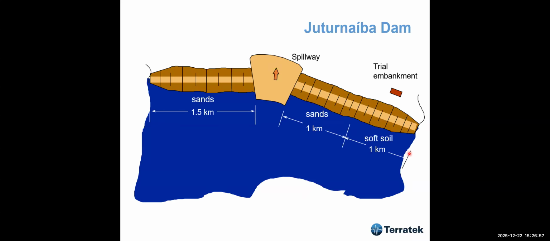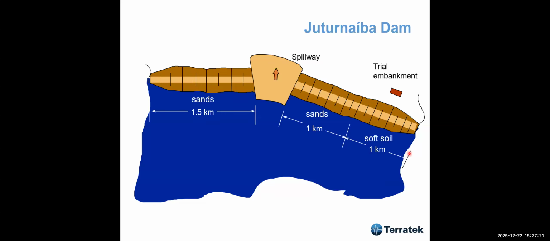And then by 1980, a friend of mine, a late professor from the University of São Paulo, Paulo Cruz, a good friend of mine, was designing this dam, which is about 100 kilometers north of Rio.